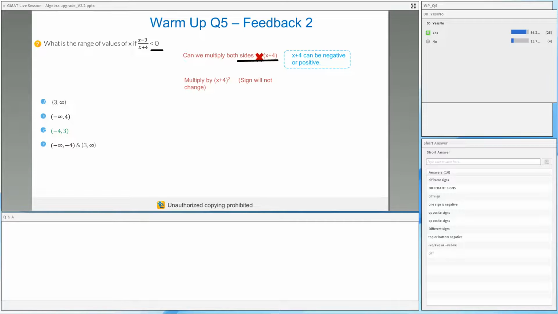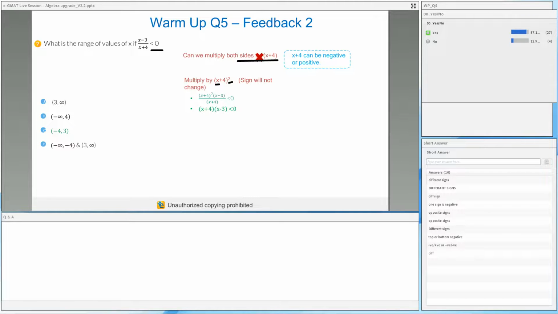It will never be negative, right? Whatever the value of x, if x is 0, (0 plus 4) square is positive. If x is minus 6, even then this is positive. So the best way to remove the denominator is to multiply with either a whole square or the power of 4, which will help you eliminate the denominator.